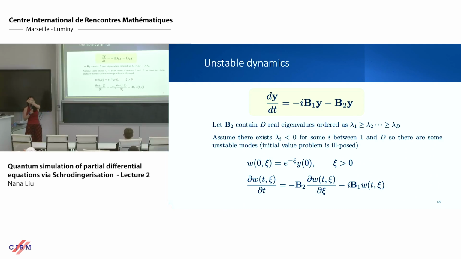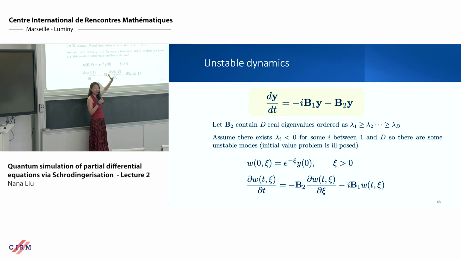So all we need to do is capture our wave from 0 to infinity. This is why, to get back our u, this is equal to the integral from 0 to infinity of w. Or we can select any psi that is larger than 0. But the problem is that if now B2 has negative eigenvalues, then you can think about the eigenvalues of B as the speed of different modes of that wave.